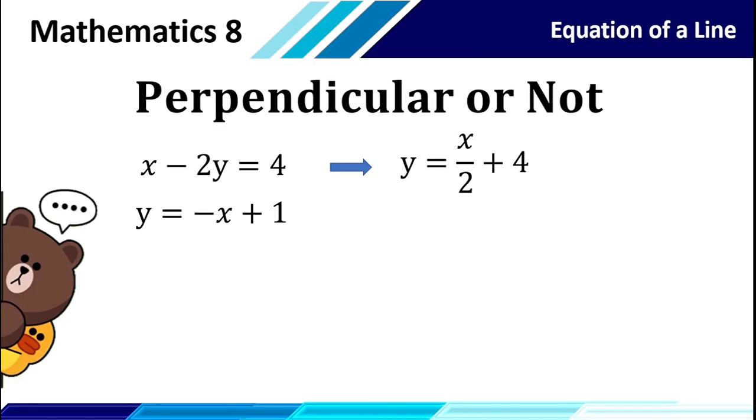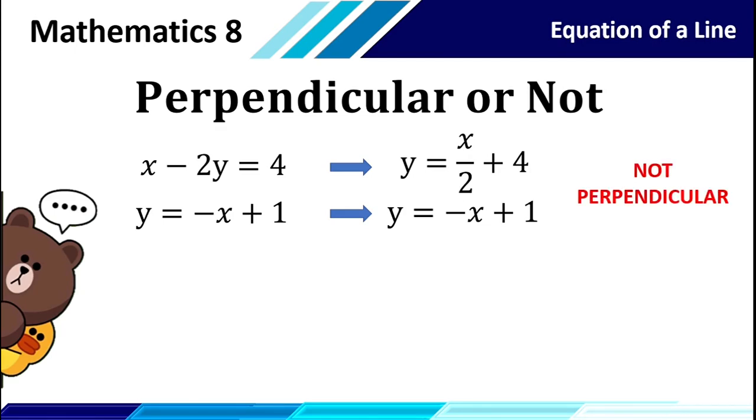As we all know, y equals negative x plus 1 is already in slope-intercept form. As you can see, the slope of the first equation is 1/2 and the slope of the second equation is negative 1. 1/2 and negative 1 are not negative reciprocals of one another. Therefore, the graphs of these lines are not perpendicular.